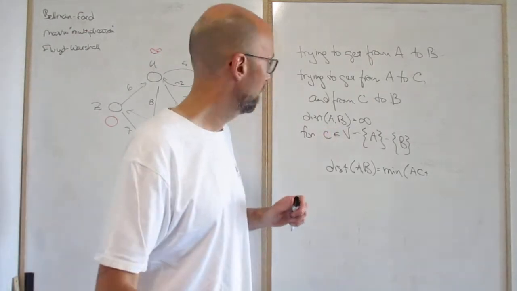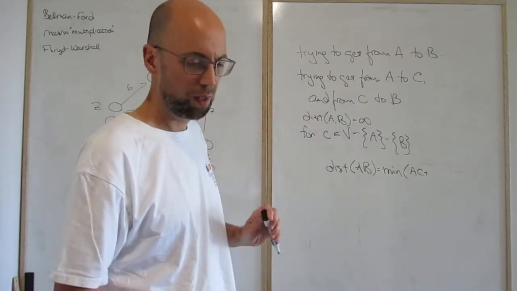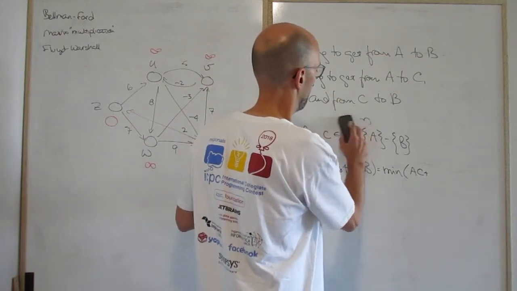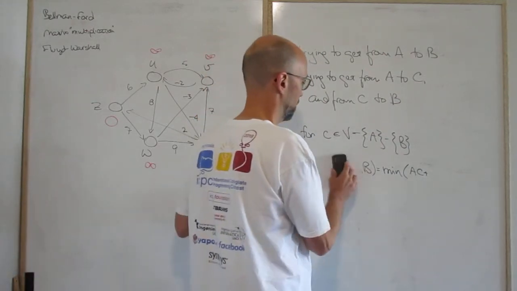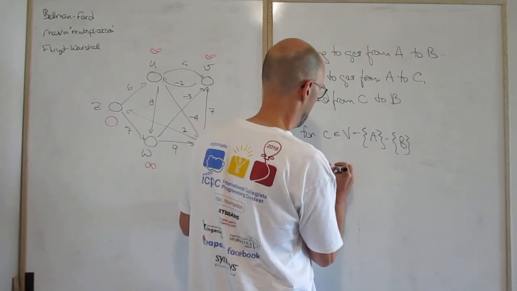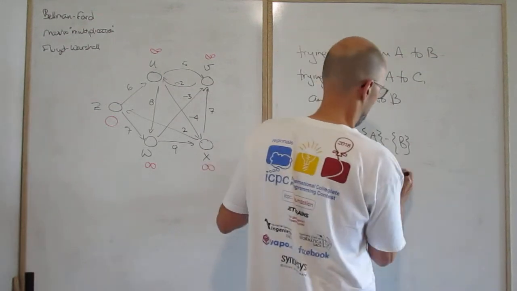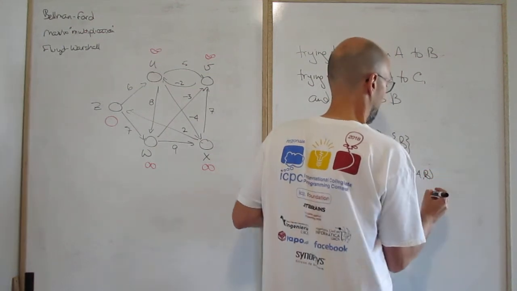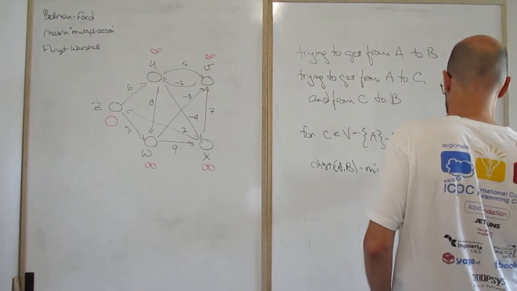So you'd say distance from A to B, we assume currently it's infinite, or actually maybe we have some estimate of it already. So for C, distance A to B equals min of distance A to B, plus min distance A to B in one step.